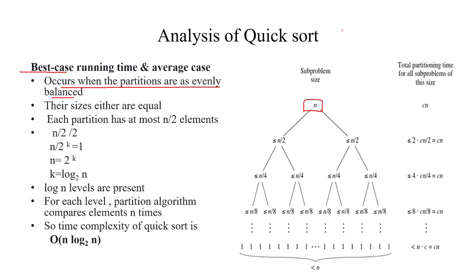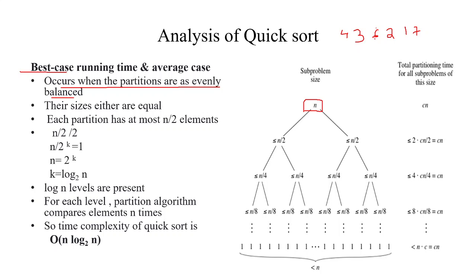Suppose, for example, the elements in the array are 4, 3, 6, 2, 1 and 7. Now let us say the middle element is the pivot element.